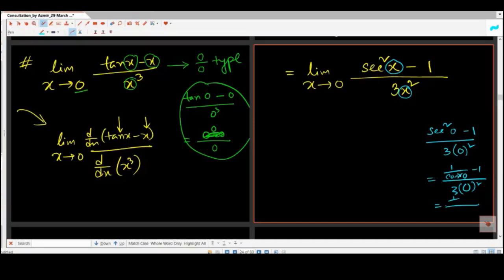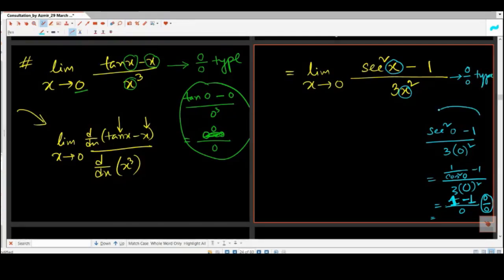You know that cosine 0 is 1. So 1 over 1, minus 1, over 0. In the upper part, you are getting 1 minus 1, that is 0. So it is of 0 over 0 type.